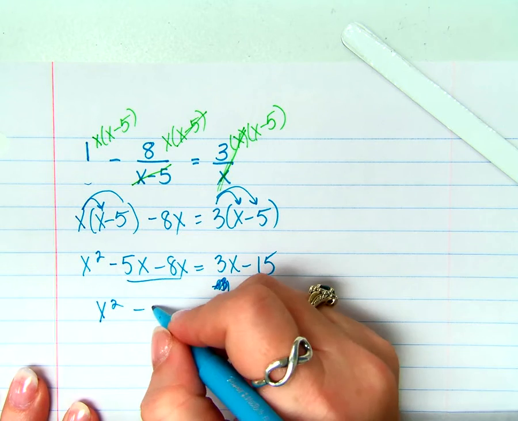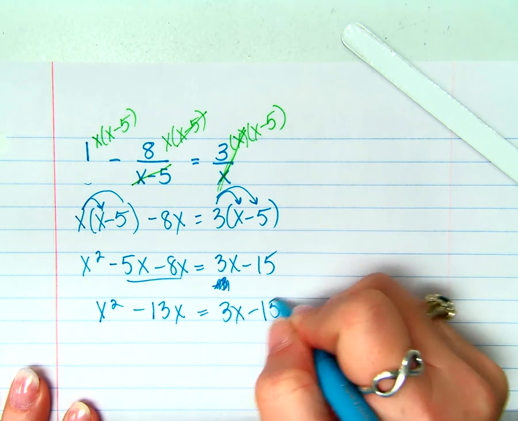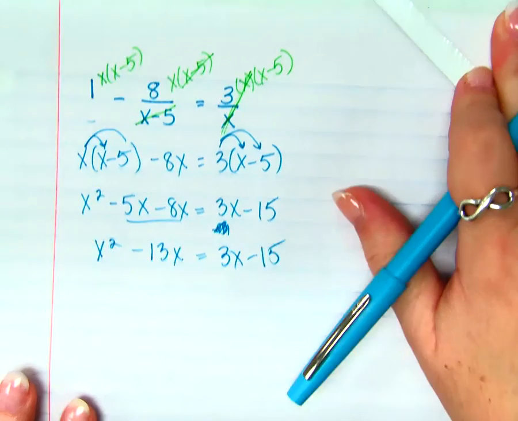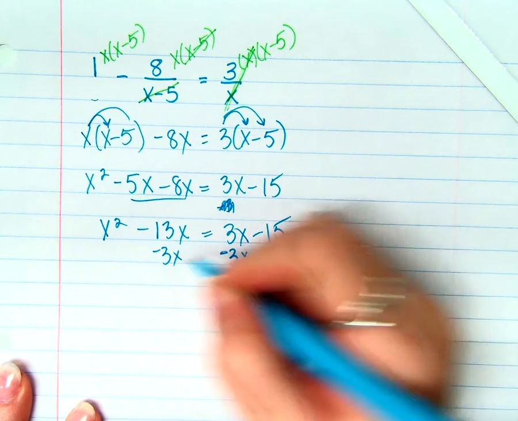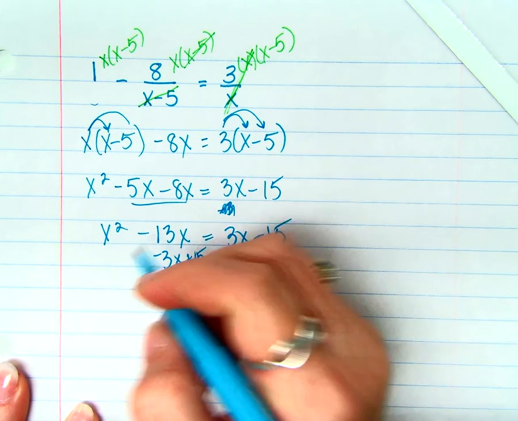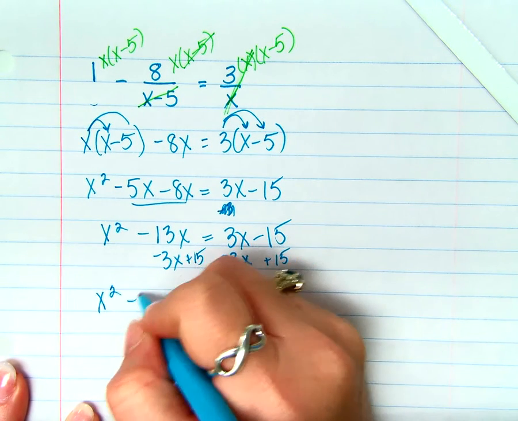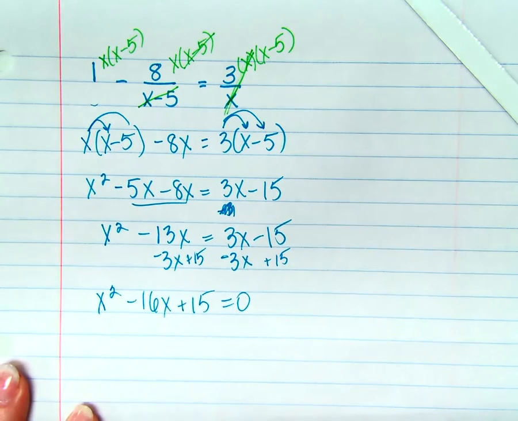So x squared minus 13x equals 3x minus 15. Now I want to add or subtract 3x from both sides, and I want to add 15 to both sides. So I end up with x squared minus 16x plus 15 equals 0.